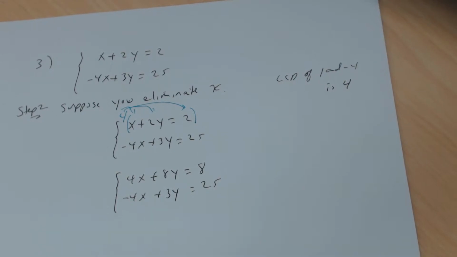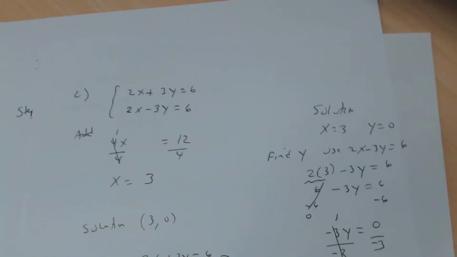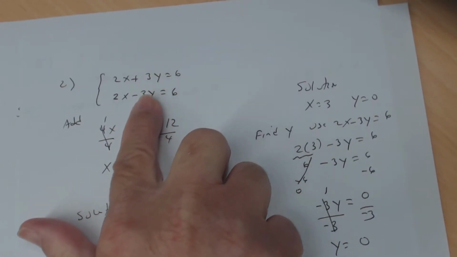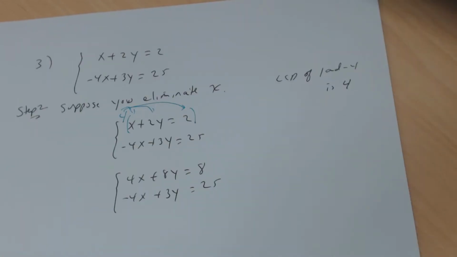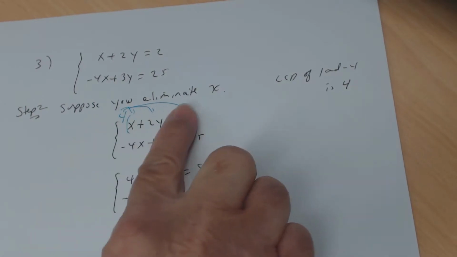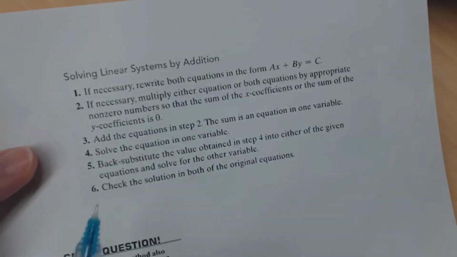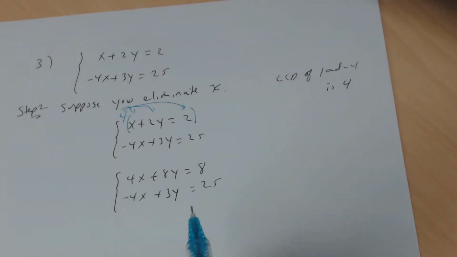Now, you remember in the previous problem where I added right away because the y's were opposites of each other? So now ask yourself, remember you want to eliminate the x's, so are the x's opposites of each other? And the answer is yes. So step 3 says now you add.